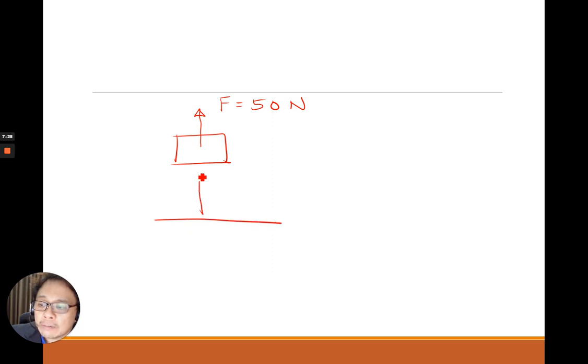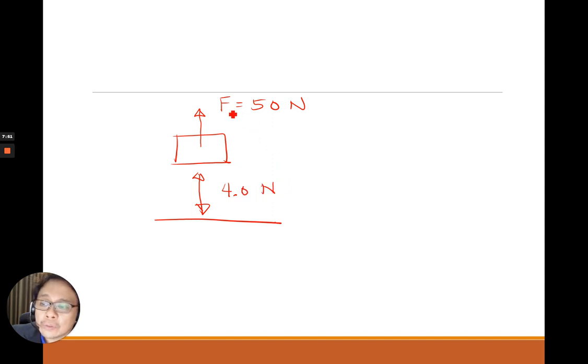All right, so let's have another problem. For example, you have to lift up an object upward. You exert a force of 50 newtons, and the displacement upward, initially the box is at the ground, is 4.0 meters.